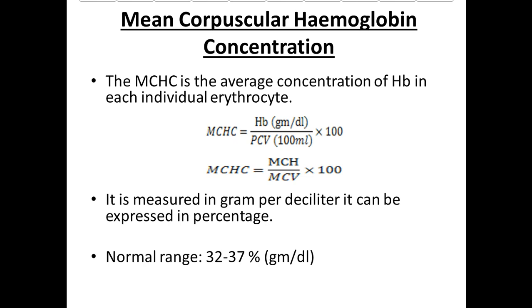It is measured in grams per deciliter. It can be expressed in percentage. Normal range is 32 to 37 gram per deciliter.